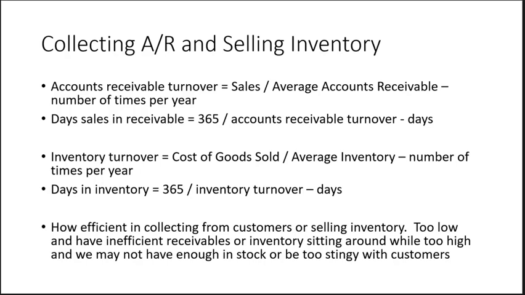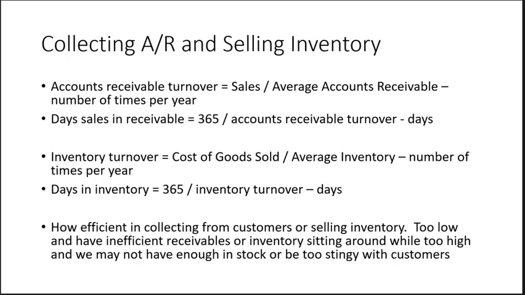Because remember, inventory is on the bottom of this. So if you make inventory really small, you'll have very high turnover because the cost of goods sold stays at the same level. Inventory goes down considerably, then your turnover is going to be higher. But that may mean you have too little inventory and your customers get ticked off because you never have anything that they need.